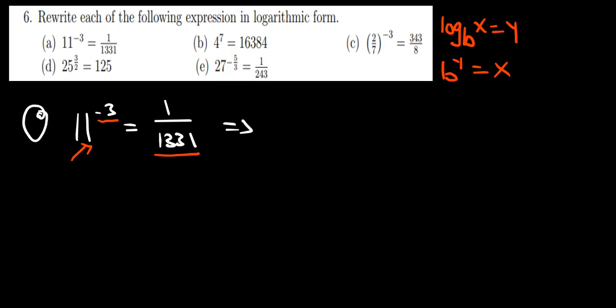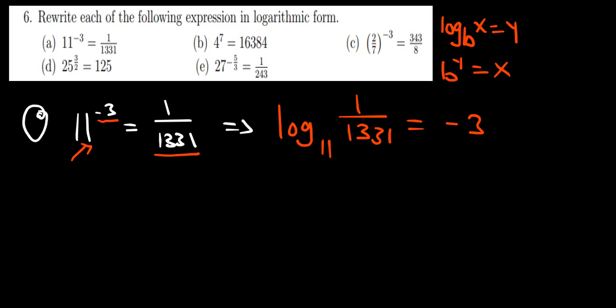So if we change this to a logarithmic function, it will just be log of the base, which is 11, and then what is in the middle will be 1 divided by 1331. This should be equal to the answer, which is minus 3.